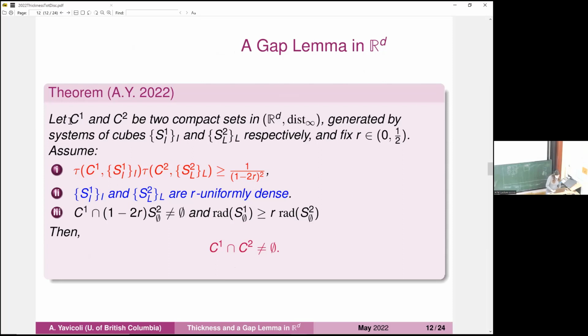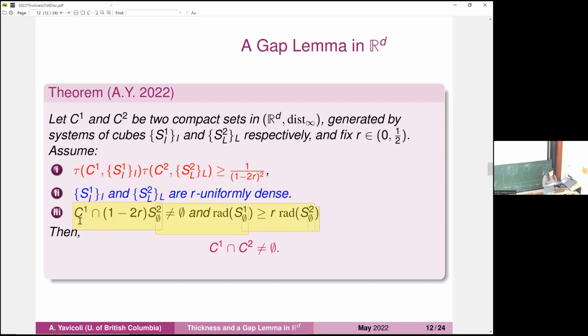Let's assume that we have C1 and C2, two compact sets in R^d with respective systems of cubes, S1_i and S2_j, for which there is an R between 0 and 1/2, satisfying that the product of their thicknesses is larger than this number, depending on R. And both systems are uniformly dense. We also have to assume these conditions that are quite mild.